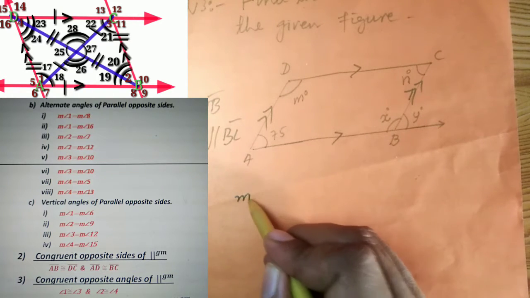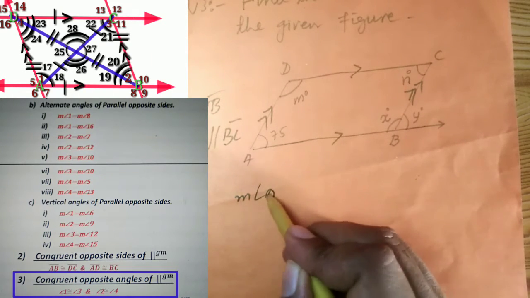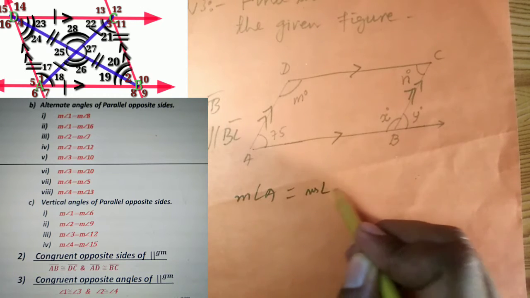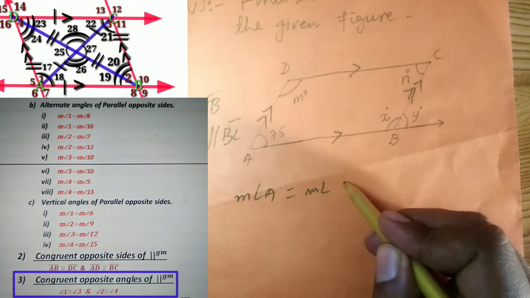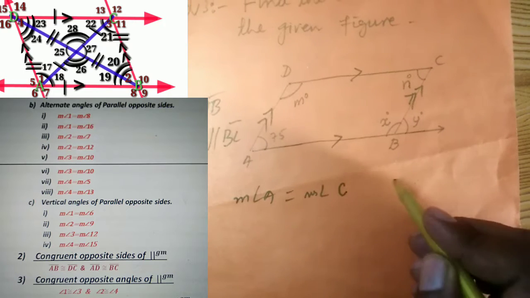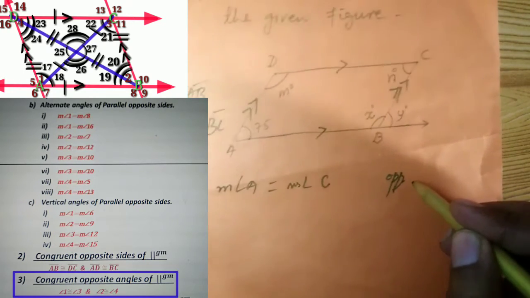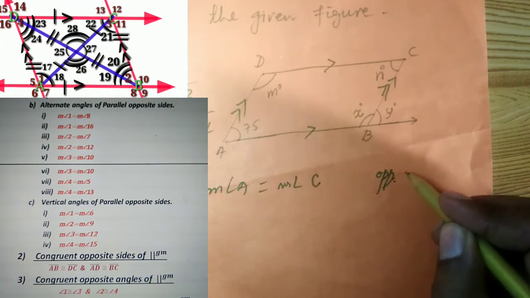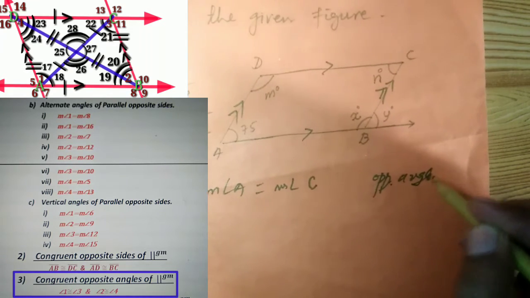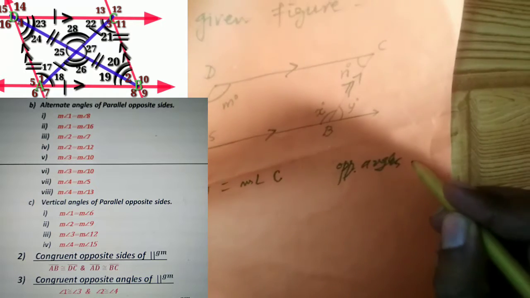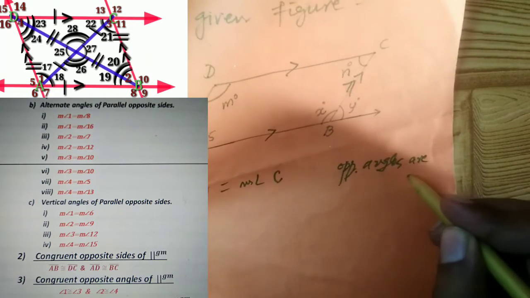In a parallelogram, measure angle A is equal to measure angle C, opposite angles are congruent.